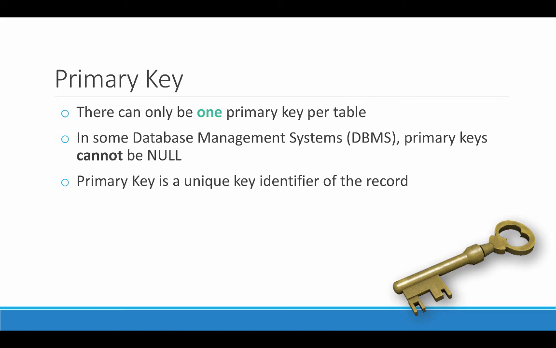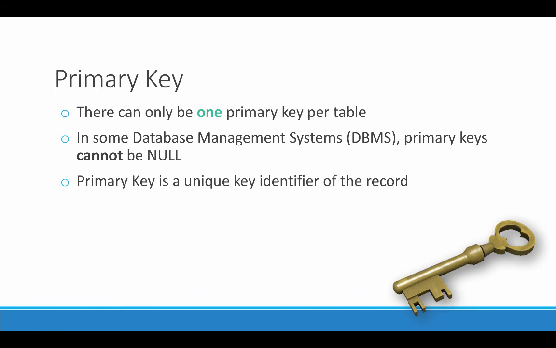In some database management systems, primary keys cannot be null. I haven't actually checked to see if the particular table and database schema that we're using allows for primary keys to be null, but that's how we're going to treat them. That's why even in the lab that we did last week, I had you set it up as something that could not be null. That was one of the checkboxes that you indicated when you set up the table.